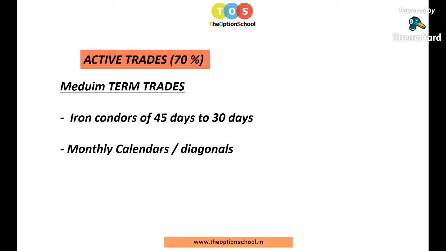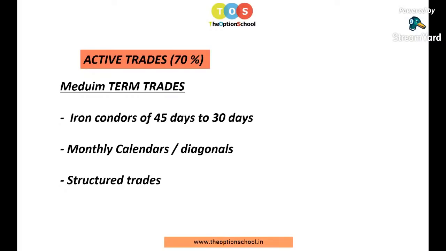So as VIX starts coming down, these become a favorable strategy compared to an iron condor. Then many of you have done our workshop, so we have shown you many structure trades. So structure trades means we are doing a sort of a double or triple butterfly and protecting it with certain things. So those kind of trades, these are all medium term trades which will require maybe 30 days, maybe when VIX is high, even within 40, even 30 days you can do that, or otherwise when VIX is low, you have to engage into these trades 45 days in advance.